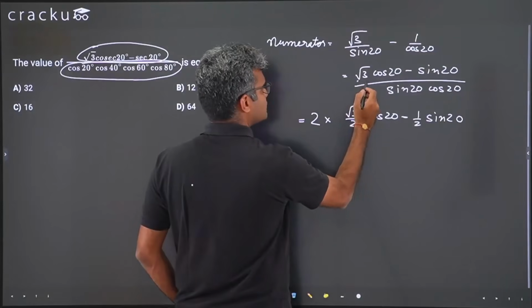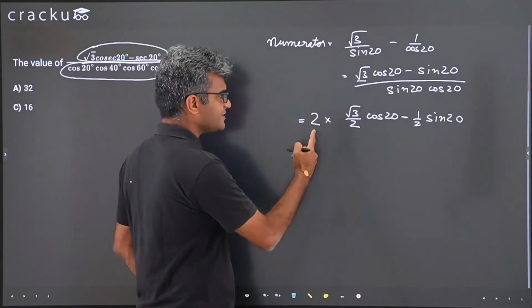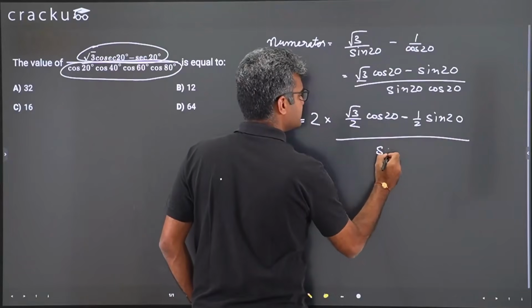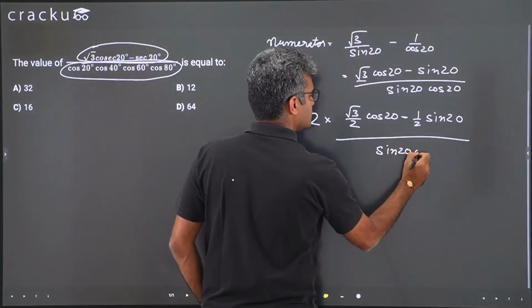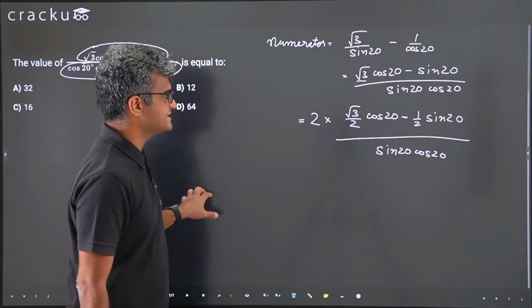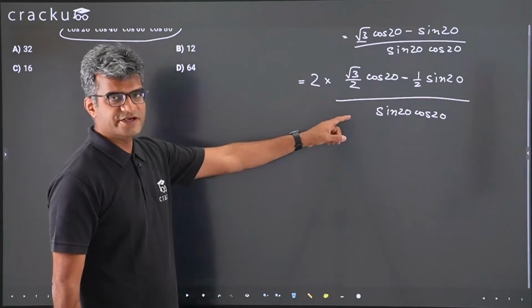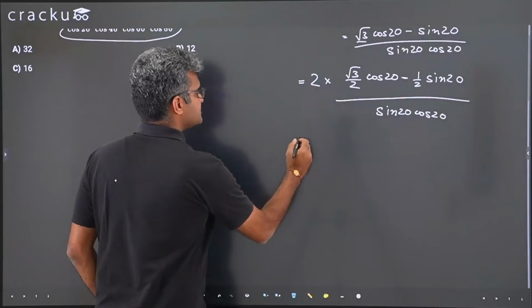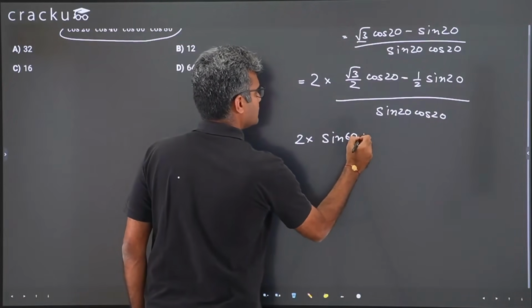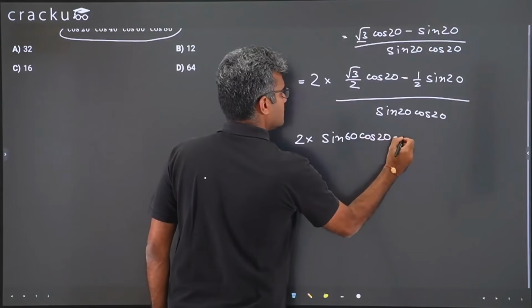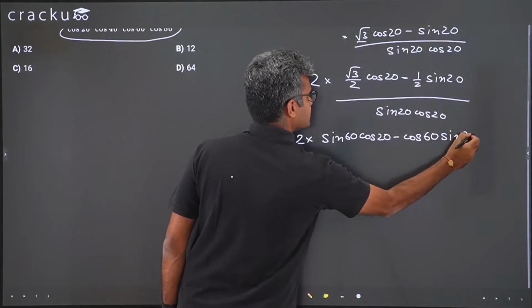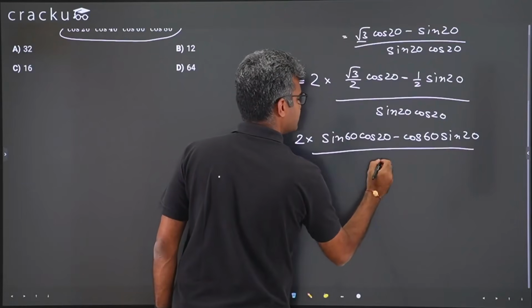Basically I want to convert this root 3 into root 3 by 2 because that is the value of sin 60. Now I know that root 3 by 2 is equal to sin 60 and 1 by 2 is equal to cos 60. So this is of the form 2 into sin 60 cos 20 minus cos 60 sin 20 divided by sin 20 cos 20.